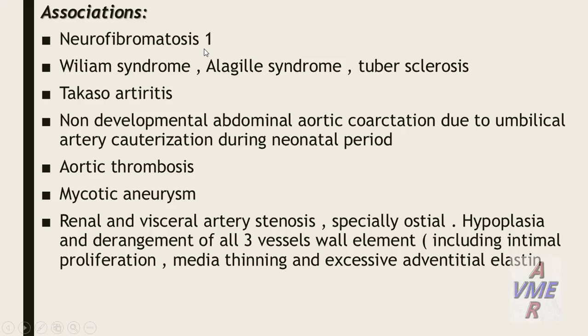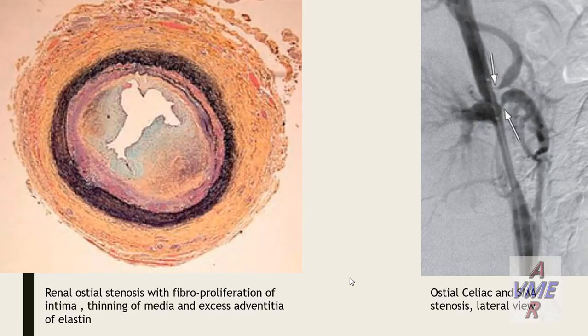neurofibromatosis type 1, Williams syndrome, Alagille syndrome, tuberous sclerosis, inflammation, arthritis, and non-developmental abdominal aortic coarctation due to umbilical artery catheterization during the neonatal period, aortic thrombosis, aortic aneurysm. Renal and visceral artery stenosis is also an association, especially the ostial type, with hypoplasia and derangement of all three vessel wall elements, including intimal proliferation, medial thinning, and excessive adventitial elastin production.